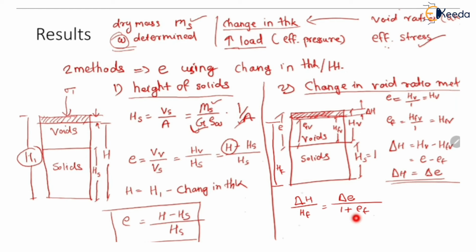So delta e becomes equal to 1 plus ef upon HF, into delta H. So we can determine the value of ef by w G. ef equal to w G, as we have measured water content at the end of our experiment.